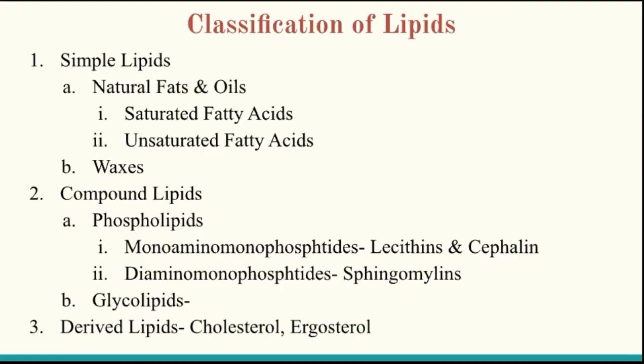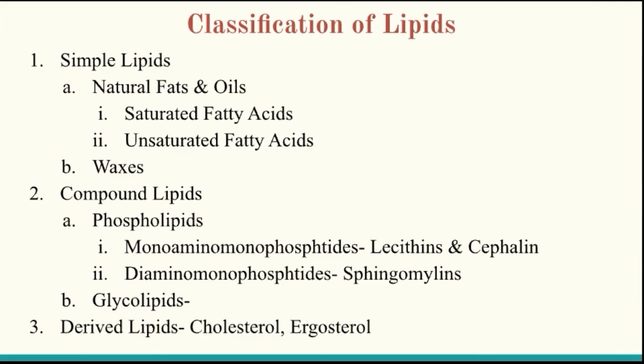The second main and important type of lipids is the compound lipids, which also have two subtypes. First is the phospholipids, which are divided into monoamino monophosphatides and diamino monophosphatides. For example, monoamino monophosphatides are lecithin and cephalin, and diamino monophosphatides include sphingomyelins, which we will see later on.